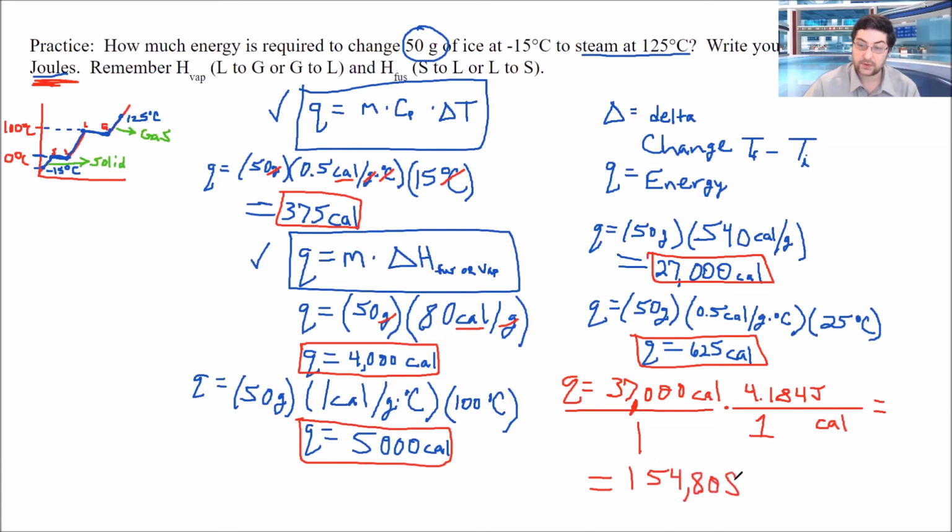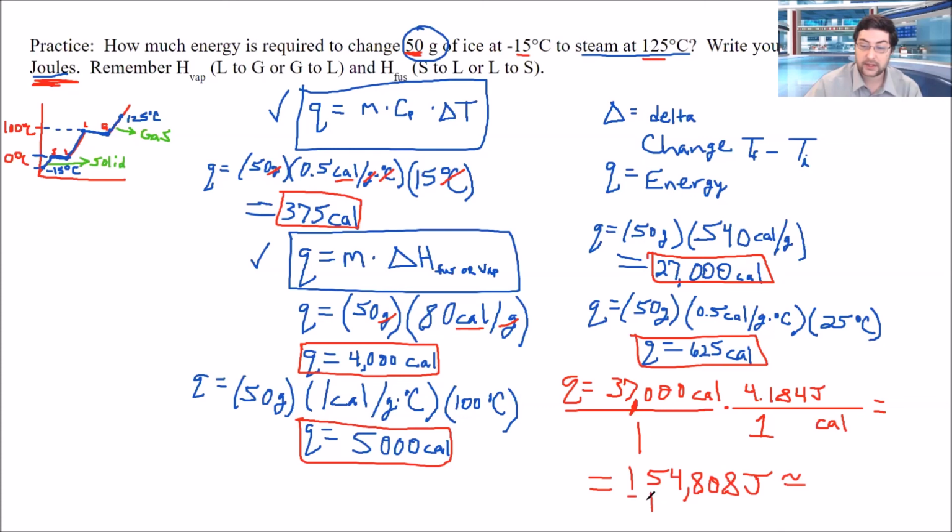154,808 joules. And then, of course, we need to pay attention to sig figs. So up here in the problem, we've got 50, we've got negative 15, we've got 125. That 50 right there, that only has 1 sig fig because there's no decimal point. That means we can only have 1 sig fig down here on the bottom. So here's the first sig fig.